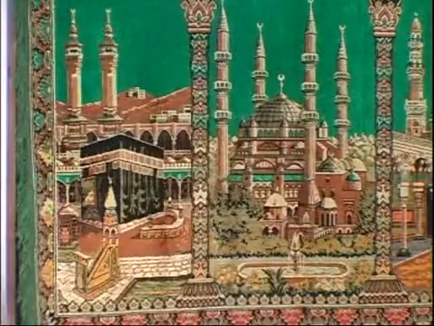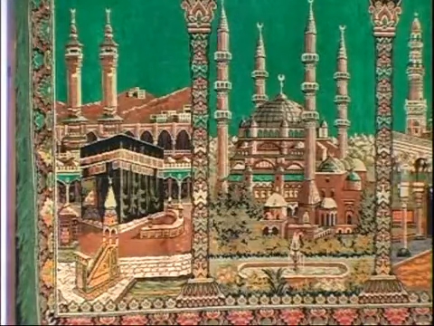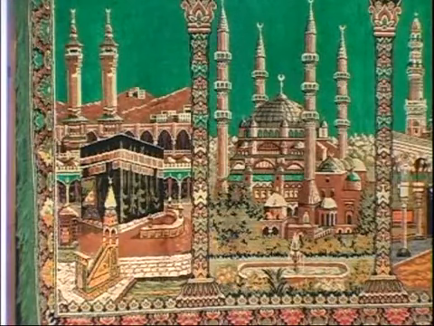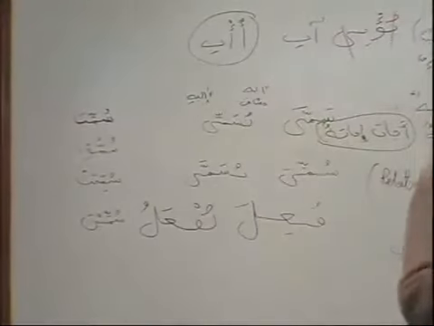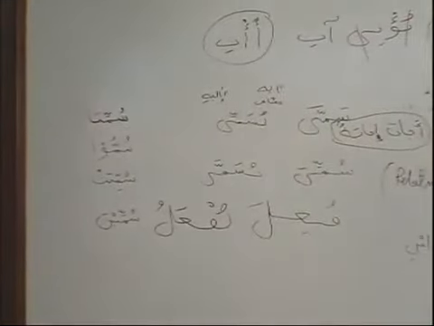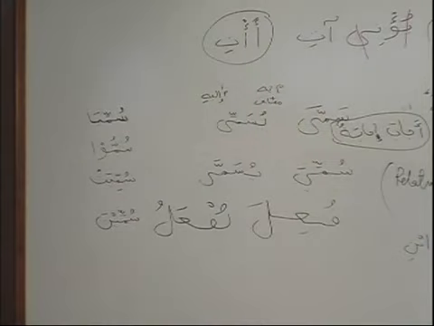So, the first thing you will do is, you will give a Dhamma, Yuf'alu. First thing is the awwal, that gets a Dhamma. Okay? وَيُفْتَحُ مَا قَبْلَ آخِرِهِ. Ain Kalima gets a fatha.